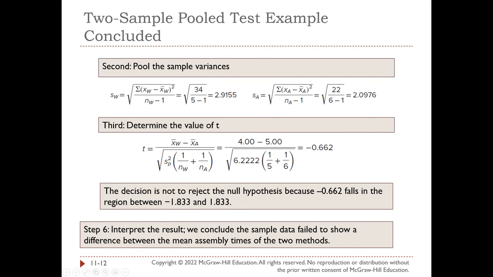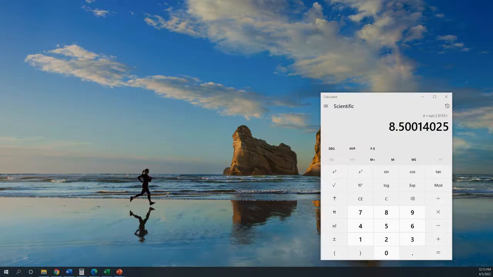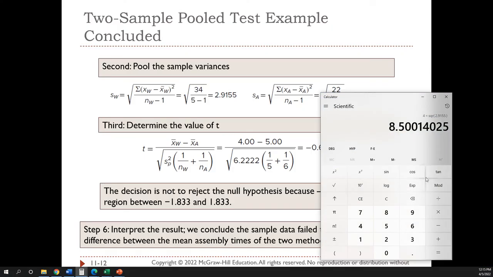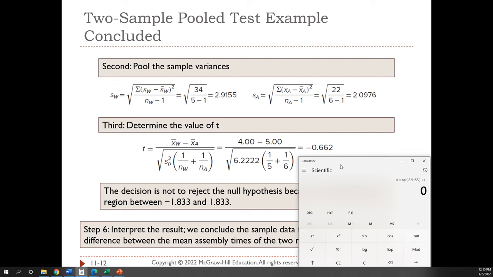So, calculator. Plus, which was 5 minus, so that's 5 times 2.0976 squared.